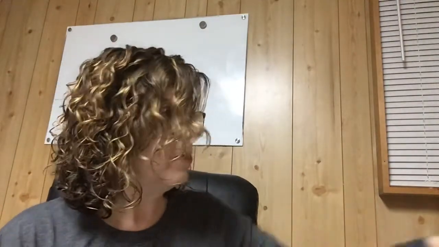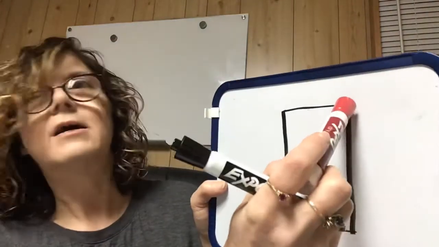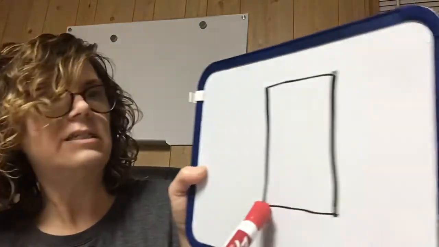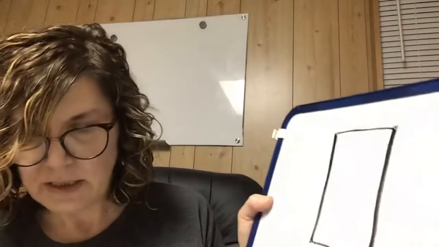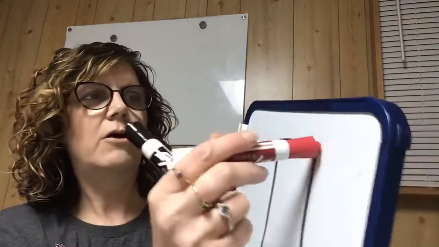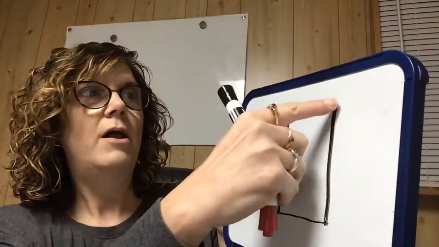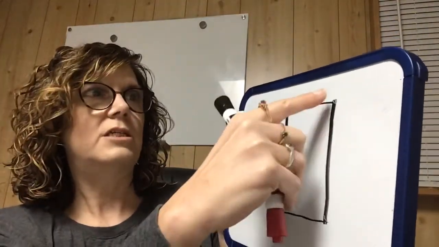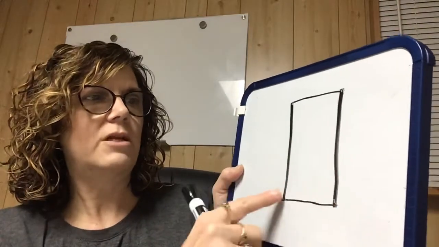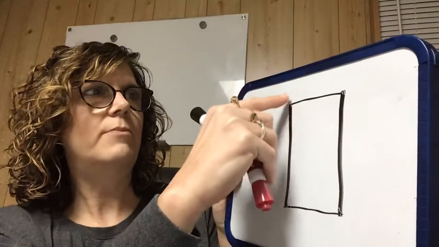I can't make mine be yellow, but you need to take your red and you're going to put a dot on every single corner because the first instruction here says to mark each vertex with a dot. Okay, so put a red dot on every single corner of the rectangle where all the endpoints meet. These two endpoints meet there, these two endpoints meet there, these two endpoints meet here, and these two endpoints meet here.